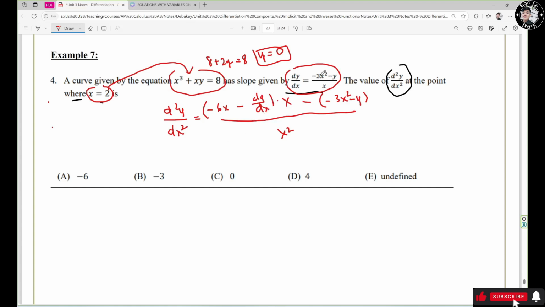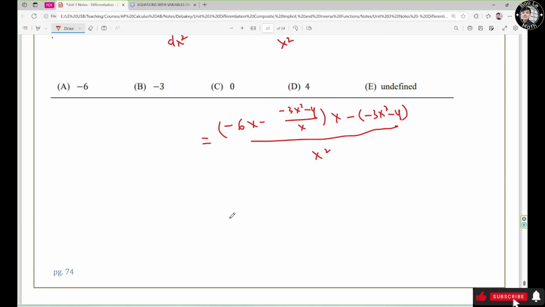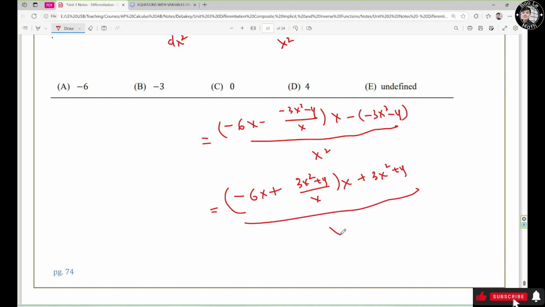Now dy over ds equals this one, so I need to simplify before I substitute values. So it's going to be negative 6s, then the negative 1 right here distributes over here, so it's plus 3s squared plus y over s all together times s. Distribute negative 1, so it will be plus 3s squared plus y over s squared.